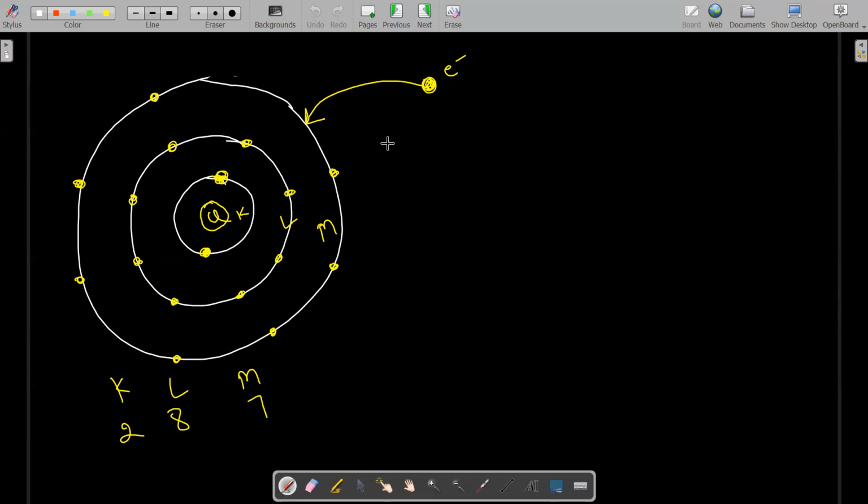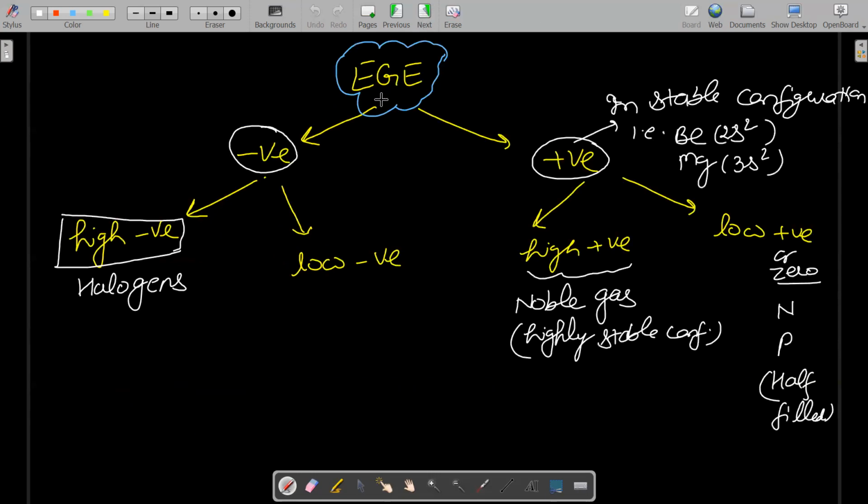So energy is released. And hence electron gain enthalpy is negative. But just I told, it may be positive also. So we can say the electron gain enthalpy is negative or positive also. Negative also has two types, high negative, low negative.